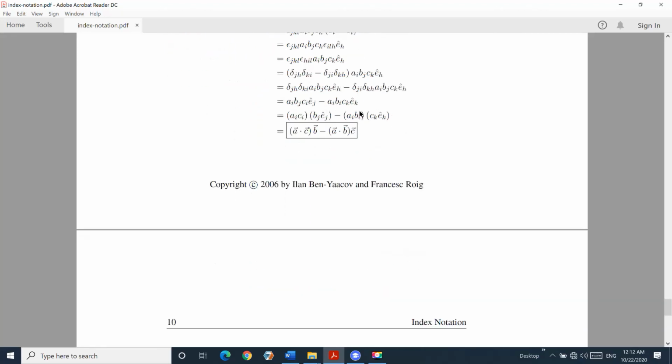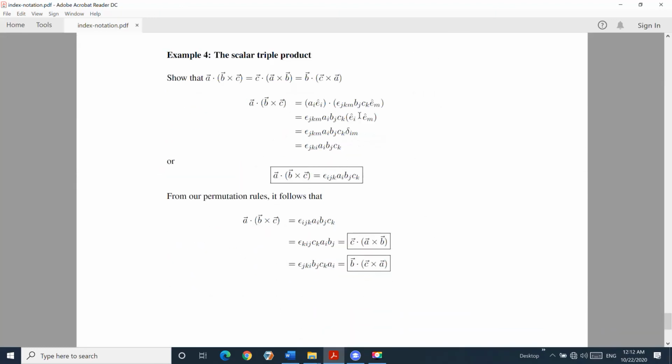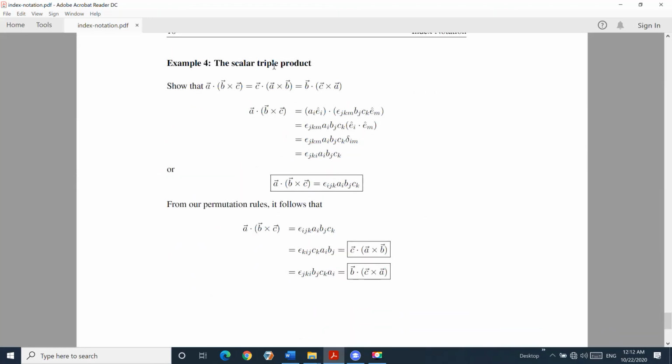That's why they are equal to each other. The other one is the scalar triple product: cross product between B and C, dot product with A. The right side: cross product between A and B, dot product C, cross product C and A, dot product B.